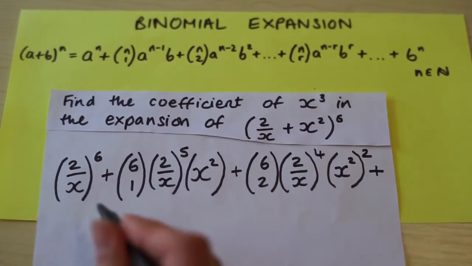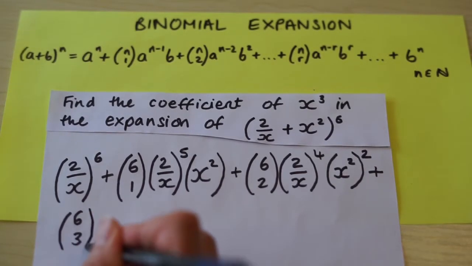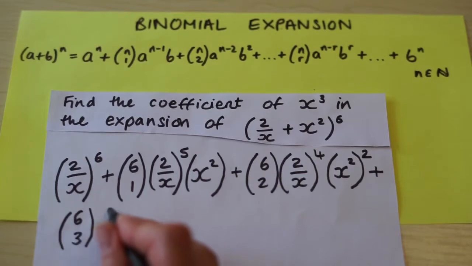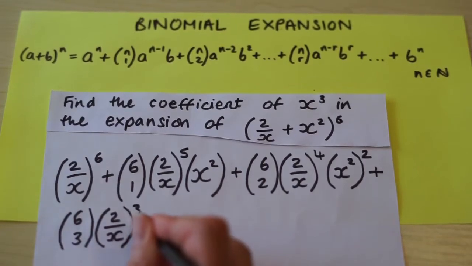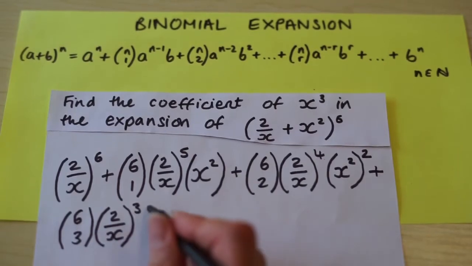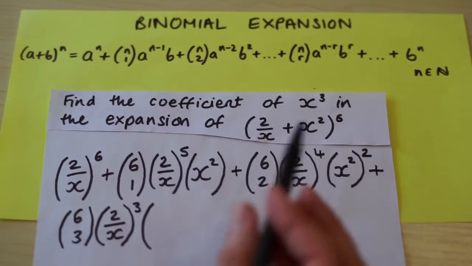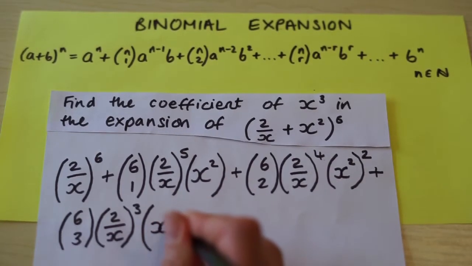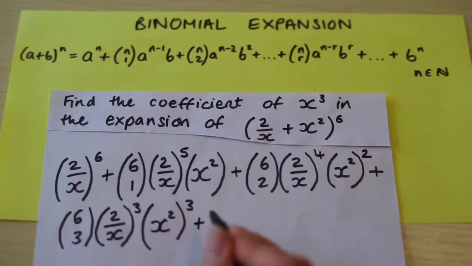Let's keep going. The next term, 6 choose 3, we've got the a term, it's gone from 6 to 5 to 4 to 3. The b term is 1 to 2, so this one is going to be to the power of 3. That's that one done.